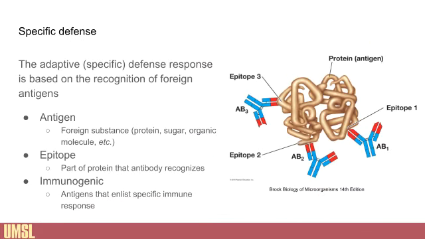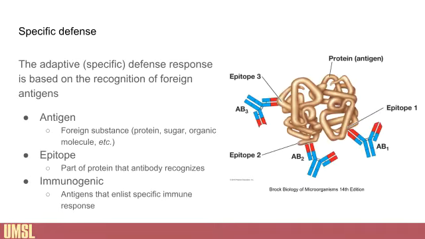And so, some of the language that we're using when we talk about these specific defenses: the entire basis of this whole adaptive immune system is that we're developing immunity, essentially a specific response to a specific foreign antigen.